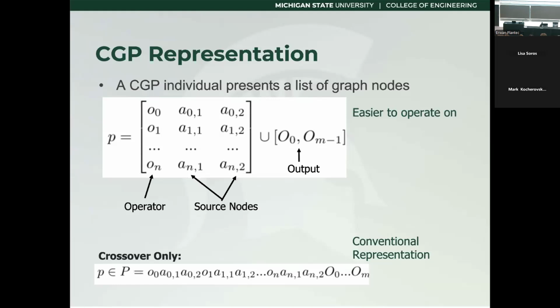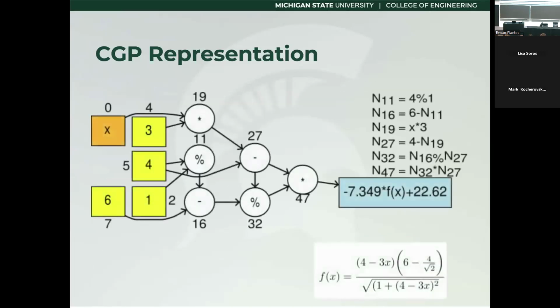And then that's connected with pointers to output nodes. And that's just easier to operate on, from a programming perspective. I don't want to have to tell the program to look at every third value in the vector and then every third plus 1. This just makes more sense. And we can get something like this. And this is a different problem, but you can see that each node takes the result of two other nodes, which themselves can be an operator or a terminal.